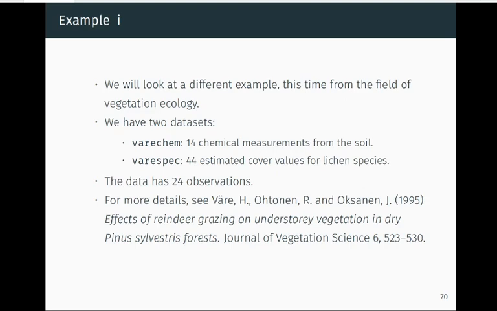The data has 24 observations. So n is larger than 14, but of course it's smaller than 44. If you want more details about the data set, you can look at this 1995 paper by Väre, Ohtonen, and Oksanen.